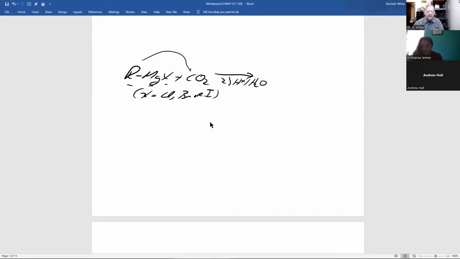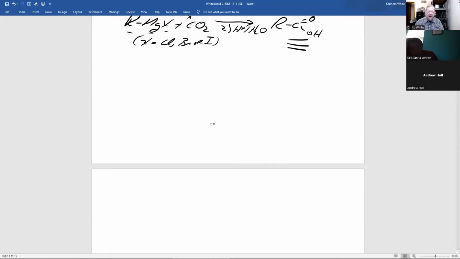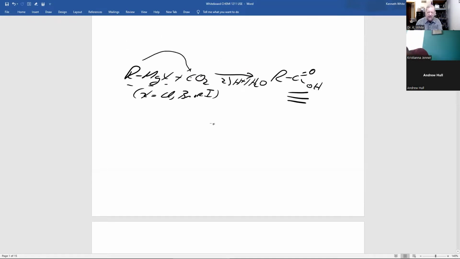This attacks the carbon of the CO2, like a carbonyl carbon, which I showed you. And the second step acidifies that, and you get a carboxylic acid that's one carbon longer than the R group you started with.